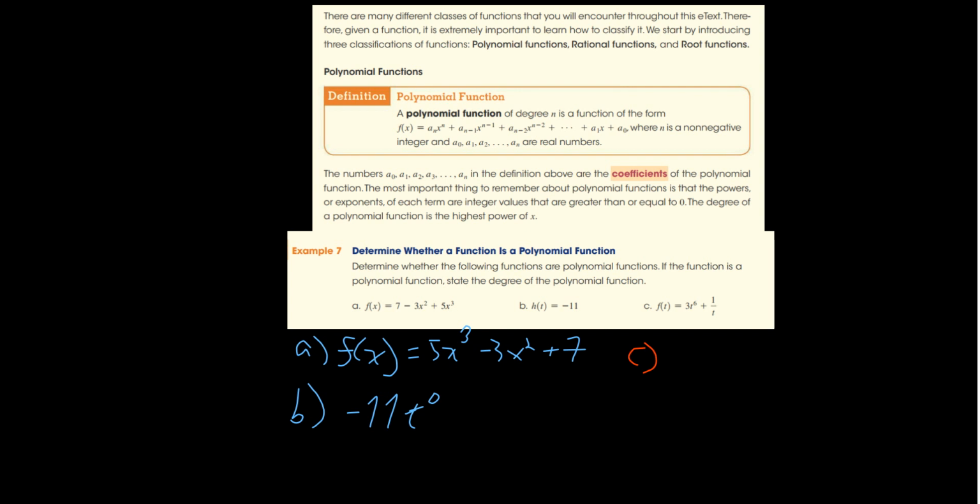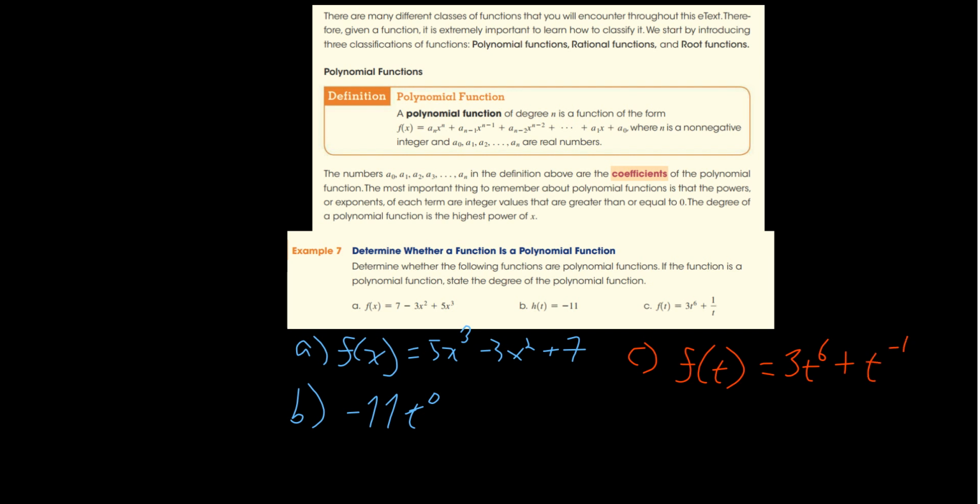So f of t, we're going to rewrite this in descending order. It would be 3t to the 6th plus, well, what is 1 over t written not in fractional form? That would be t to the negative 1 power.